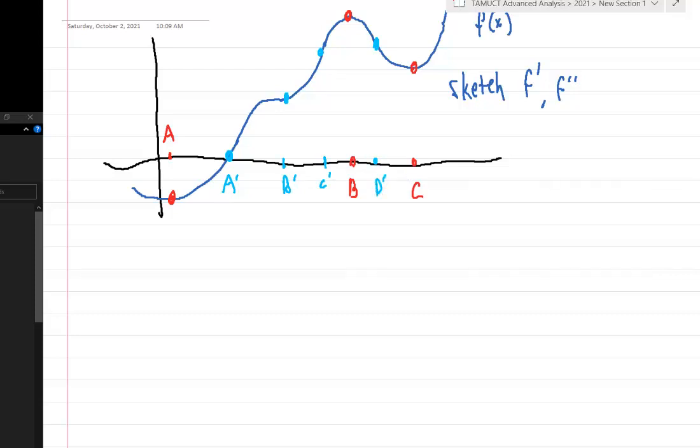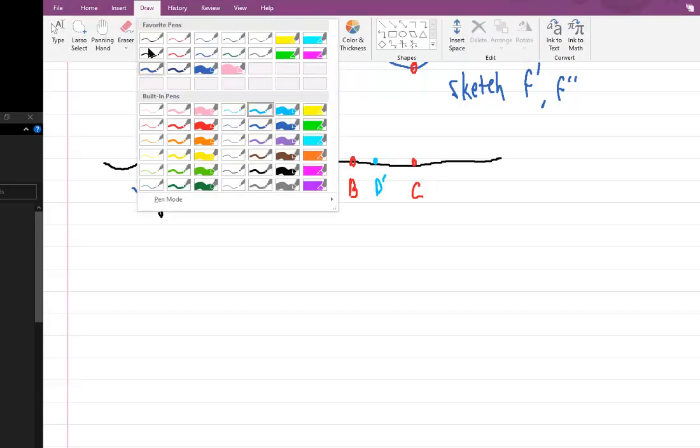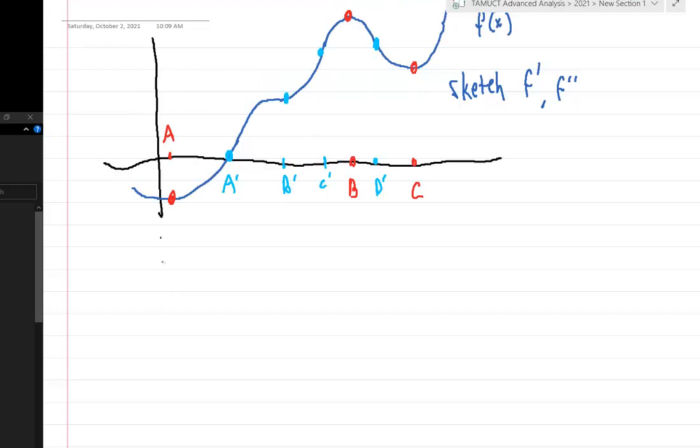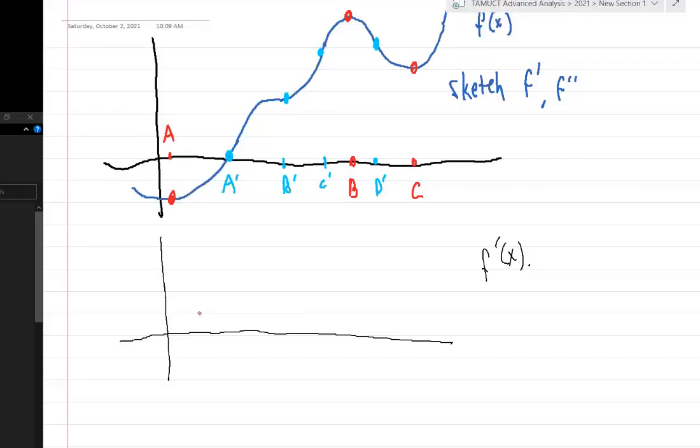Let me redraw my axes down here, and I'll do the plot of f prime. This is something very necessary that you need to be able to do to understand how derivatives work. So here's my plot of f prime of x. Let me plot my points A, B, and C. A is here, B is here, C is here.